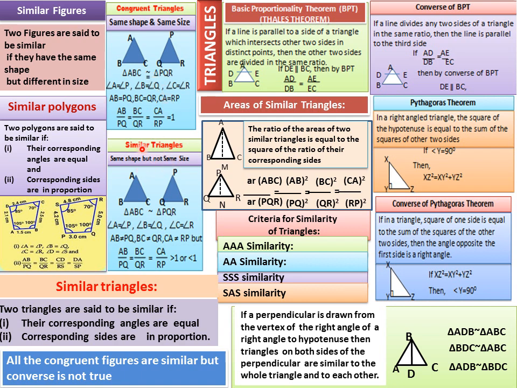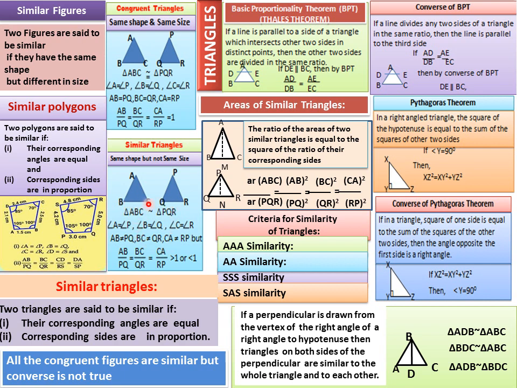Then similar triangles. What is a similar triangle? They have the same shape but not the same size. Given triangle ABC is similar to triangle PQR if the corresponding angles are equal: angle A equal to angle P, angle B equal to angle Q, and angle C equal to angle R. But the corresponding sides are not equal; their ratios are equal.